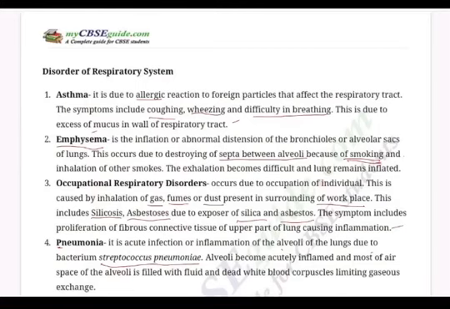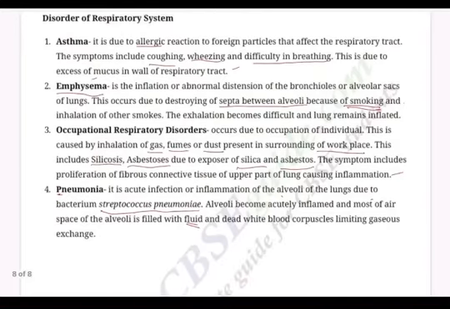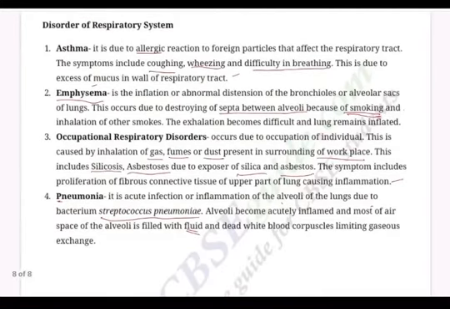Alveoli become acutely inflamed, and most of the airspace of the alveoli is filled with fluid and dead white blood corpuscles, limiting gaseous exchange. Look at that. So this is very, very dangerous, pneumonia. So it is an acute infection and inflammation of alveoli of the lung. If alveoli are closed, then how will exchange of gases take place? That's how this is a very, very dangerous disorder.